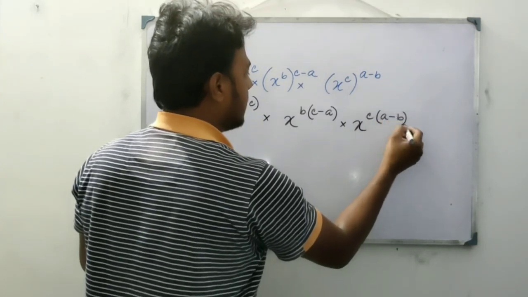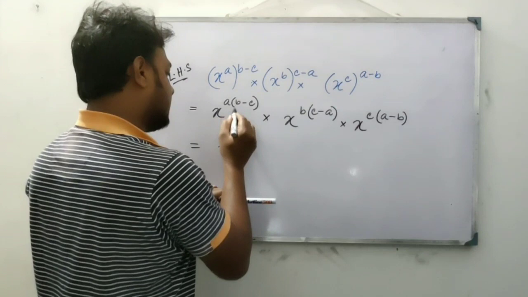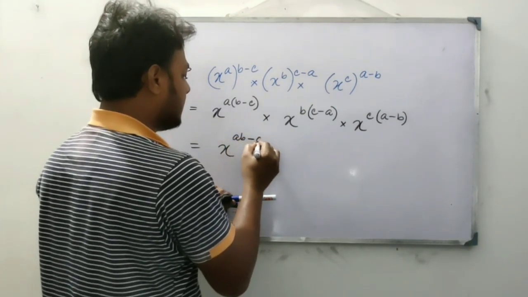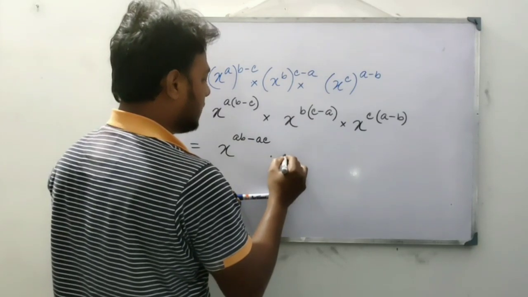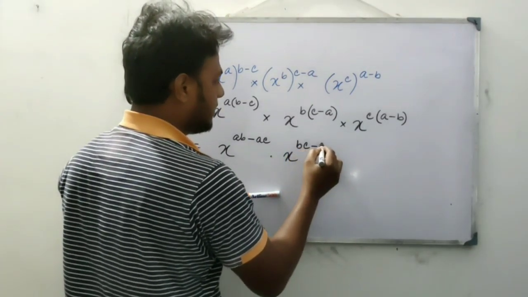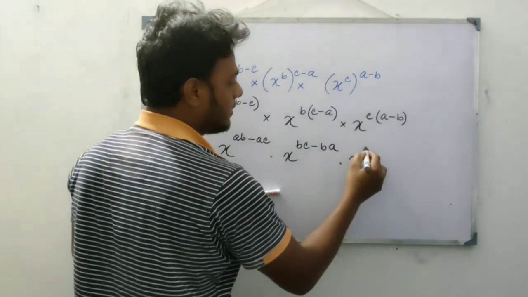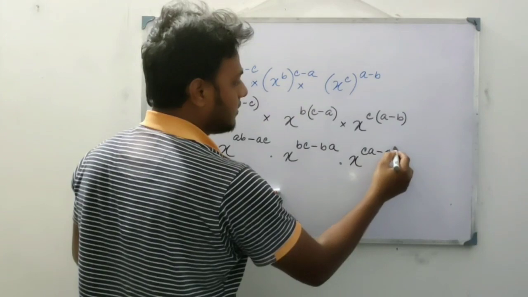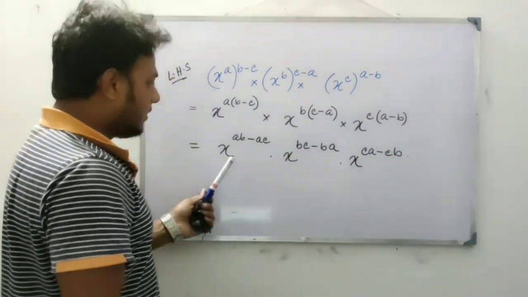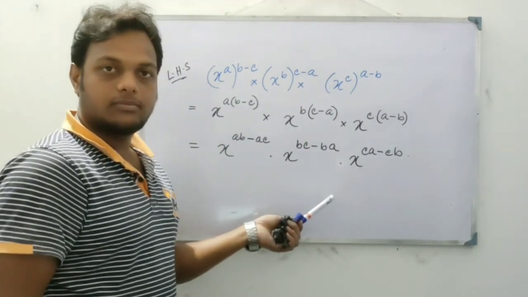minus b. Now equals x to the power, if we distribute it, then ab minus ac, dot x to the power bc minus ba, dot, or the third one, x to the power ca minus cb. Okay, now see, these three exponents are in product form.